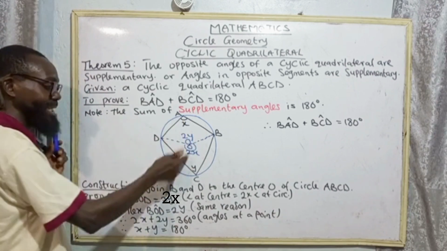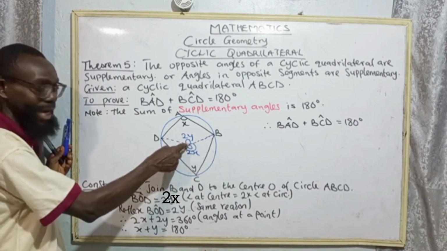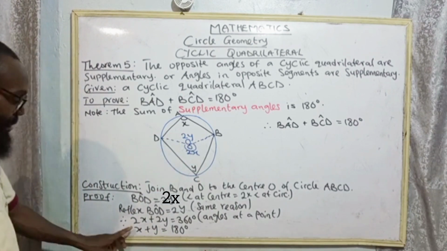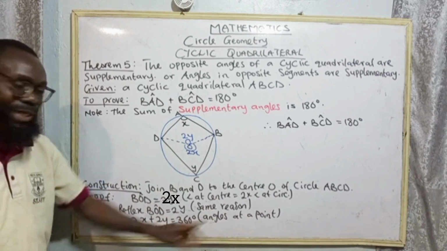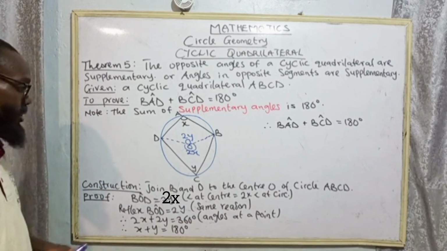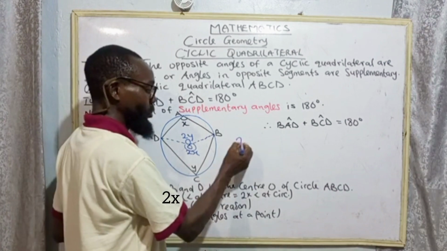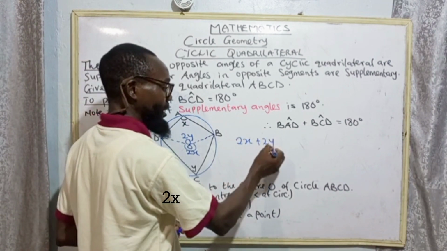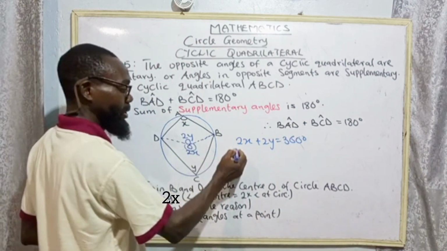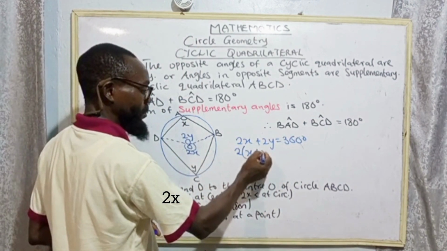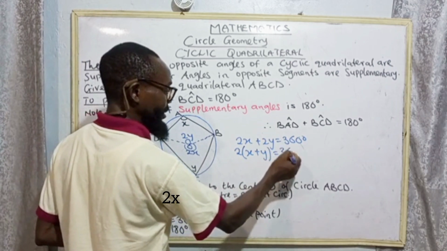Now, 2x and 2y, both of them are angles at a point, which means that if I add 2x plus 2y, it will give me 360 degrees, angles at a point. Now from here, 2x plus 2y is equal to 360 degrees. What is common in both? 2 is common. 2 open bracket x plus y equals 360 degrees.